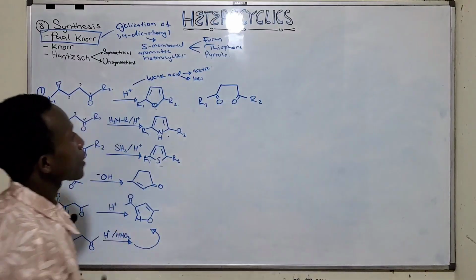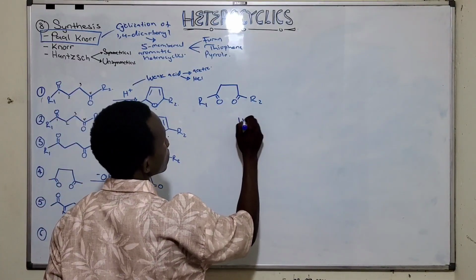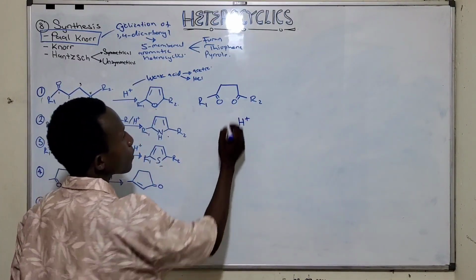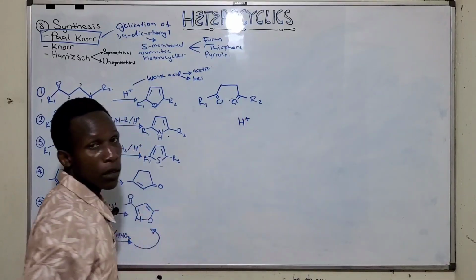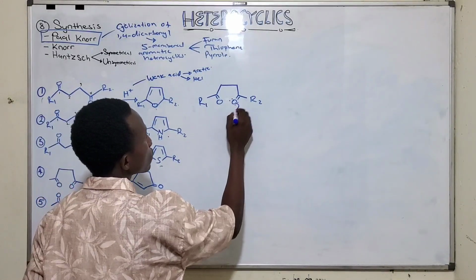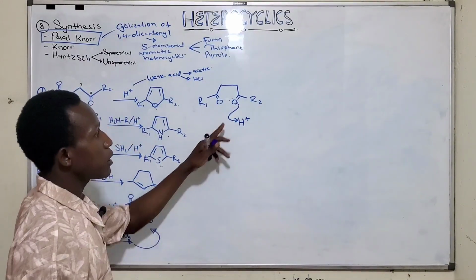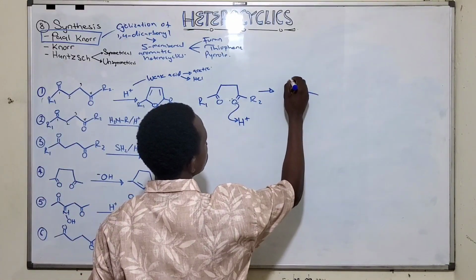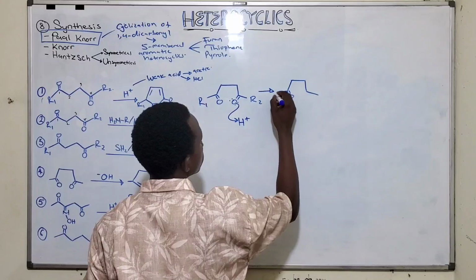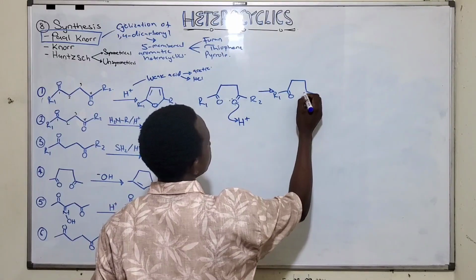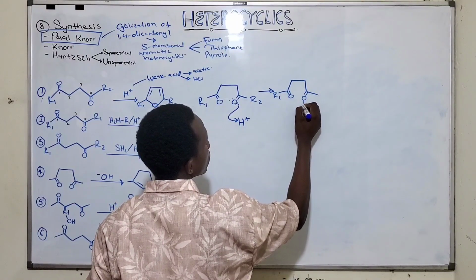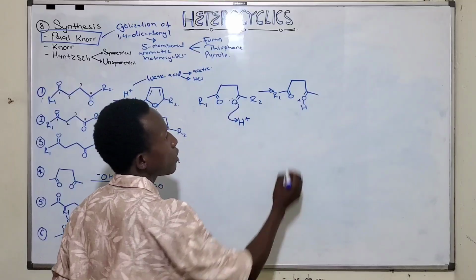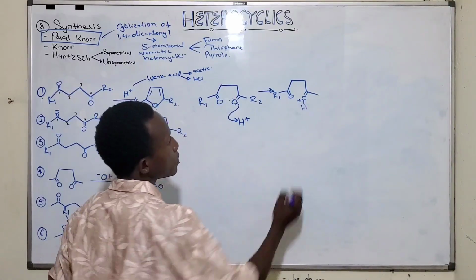So then acid, the proton. Remember these oxygens, they have lone pairs of electrons. So one oxygen can attack the proton. Then we form this R1, then you're having oxygen with a hydrogen. So it's now positively charged.